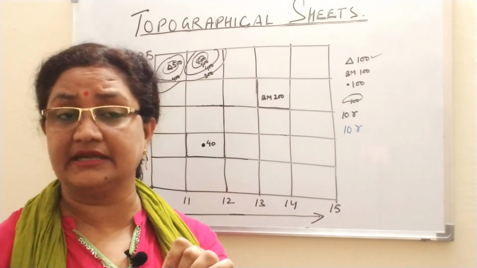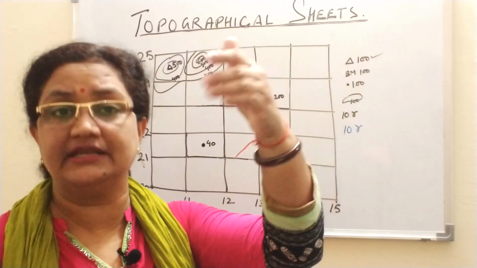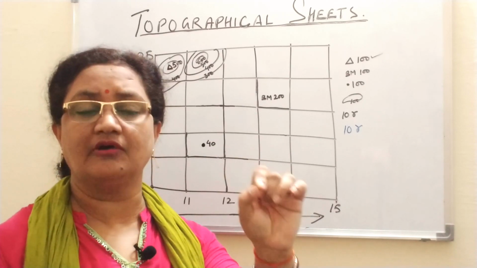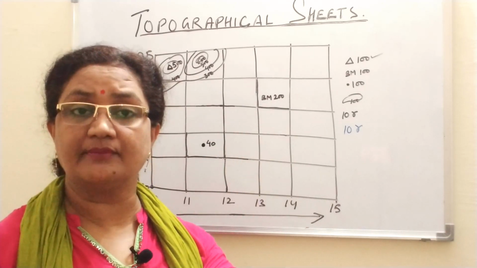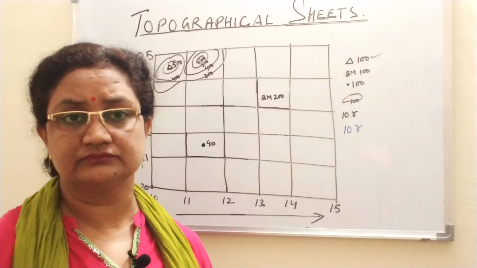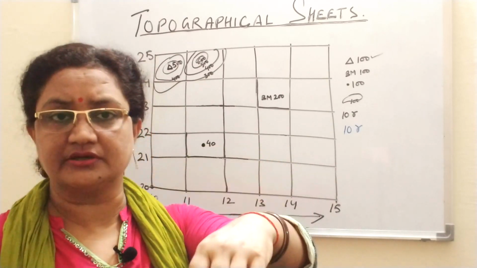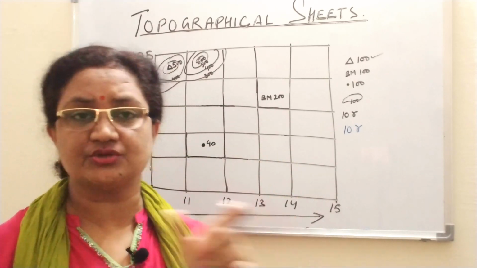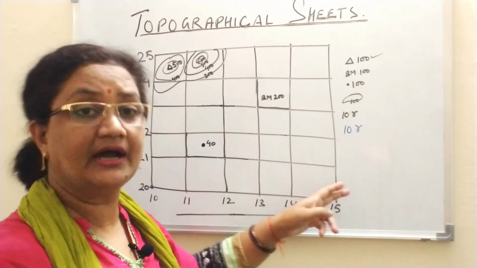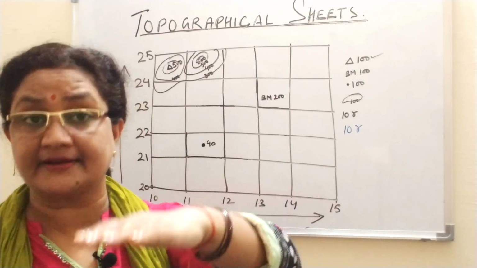Now what does this indicate? It is not the height of that structure. It's not the height of that rock or any tree. It is showing us that the height of that particular point above the mean sea level is 100 meters. Right? And because it is shown over that particular feature, that's why it is called a benchmark. This is the only method to show the height which can be seen on the land in actual.